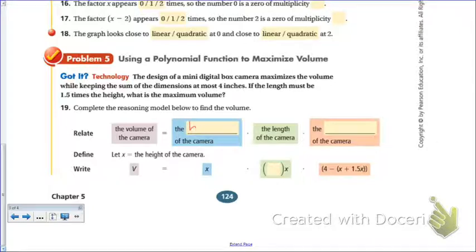Volume is going to be the height times the length of the camera times the width of the camera. It told us that the length must be 1.5 times the height, so we're going to put 1.5 in here and just multiply all of this together.